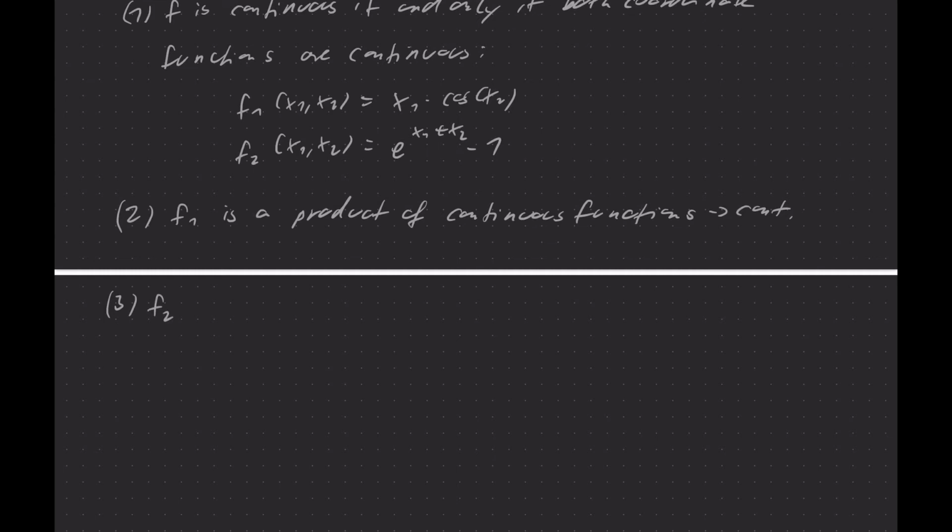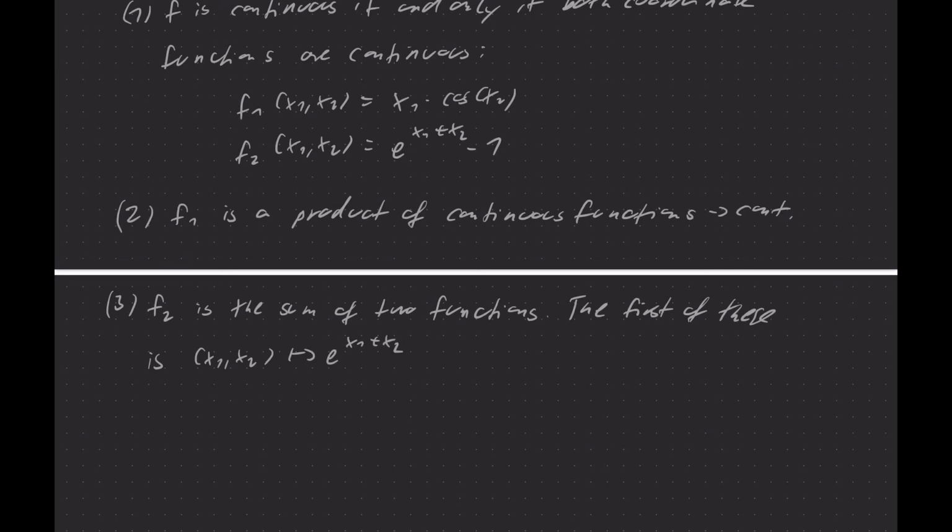Okay, so f2 is the sum of two functions. The first of these is x1, x2 maps to e to the x1 plus x2.